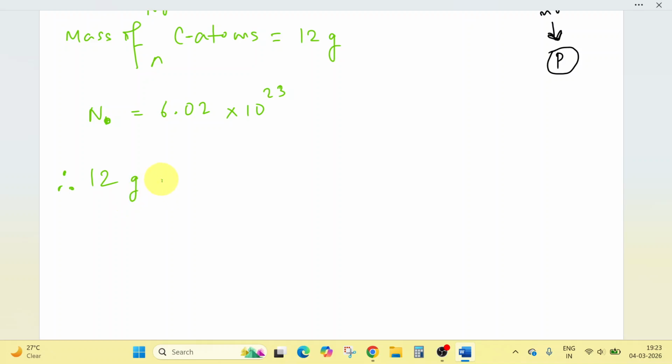So 12 gram is the total mass of 6.02 into 10 to the power 23 carbon atoms. এতগুলো this much carbon atoms, এতগুলো carbon atom একসাথে করলে if you collect it together, their total mass will be 12 gram. Understood? So it's a huge number of atoms. When collected together, if you weigh them together, their total mass is 12 gram.